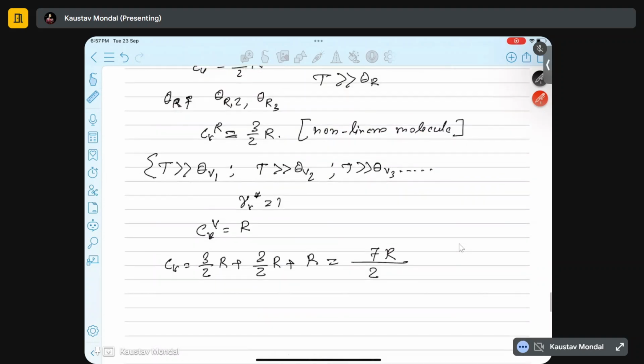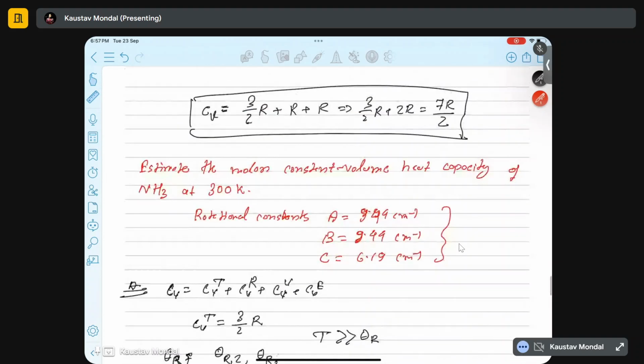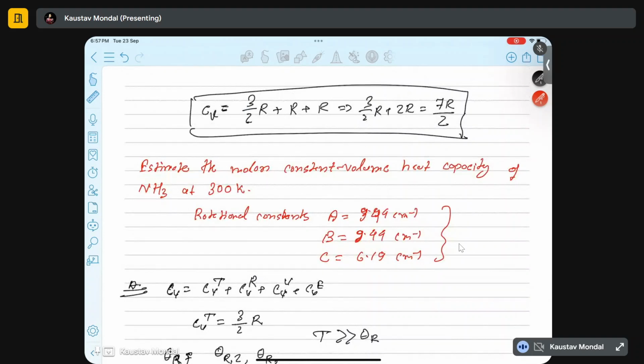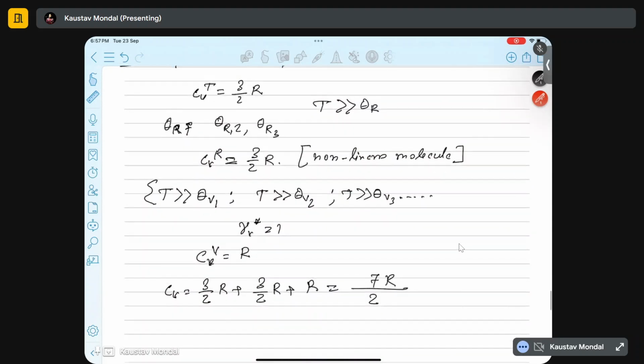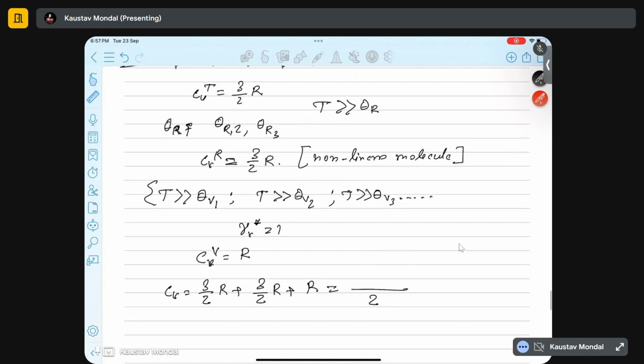Let's take a second look. It was 4, right? So this should not be 7 R by 2; it would be 4 R. So in this case C_V would be simply 4 R, okay.